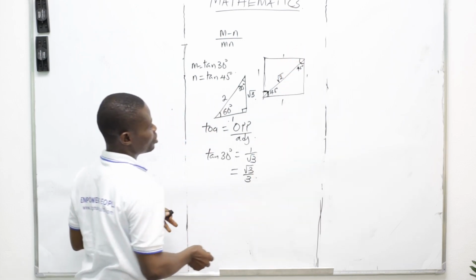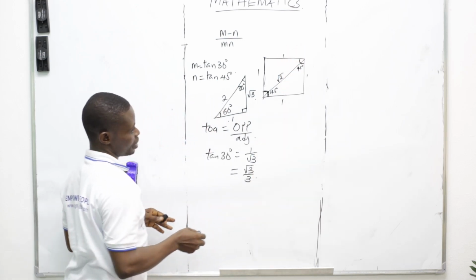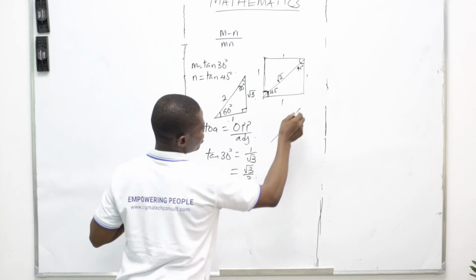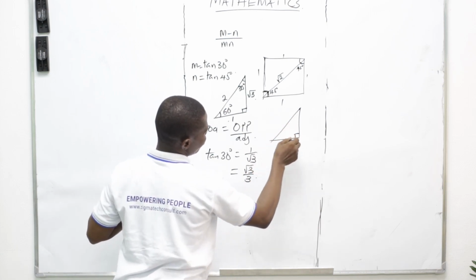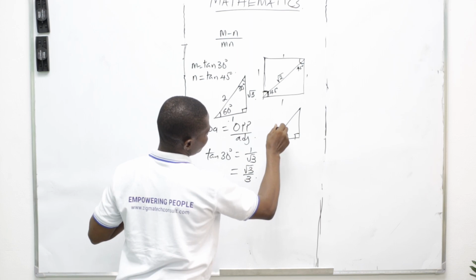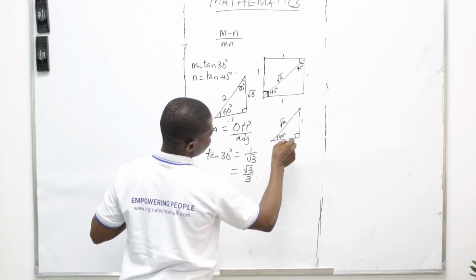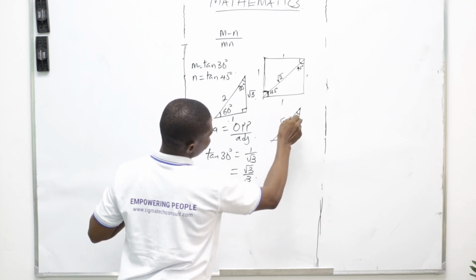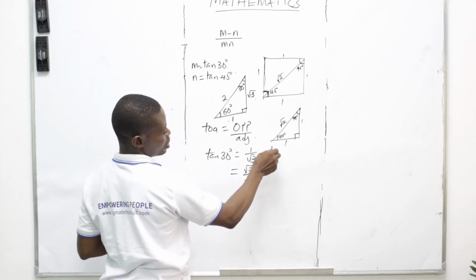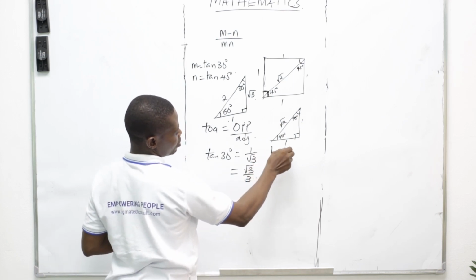When you break it down into 2, it becomes 45. Separating this, I have here 45. This is root 2, this is 1, this is 1. Here is also 45.